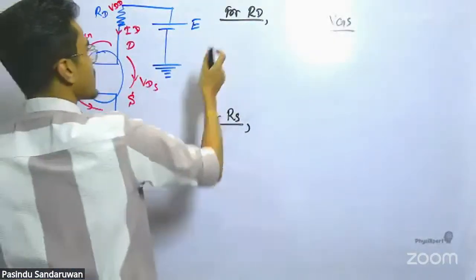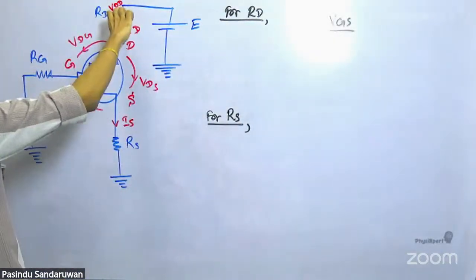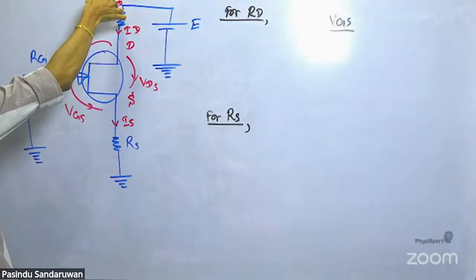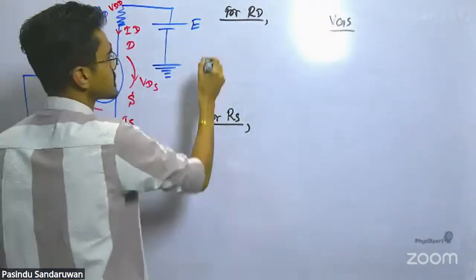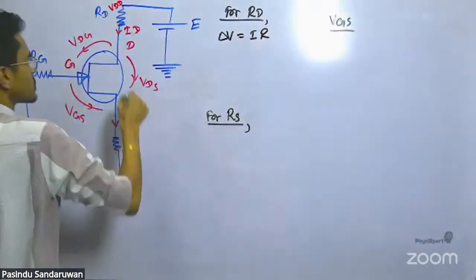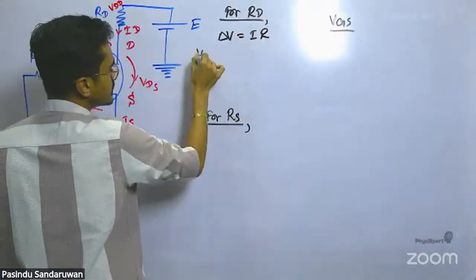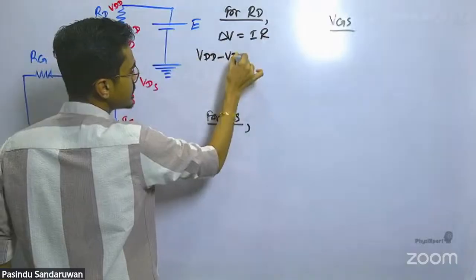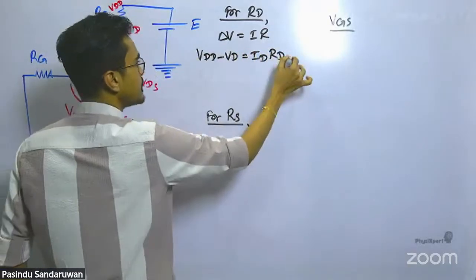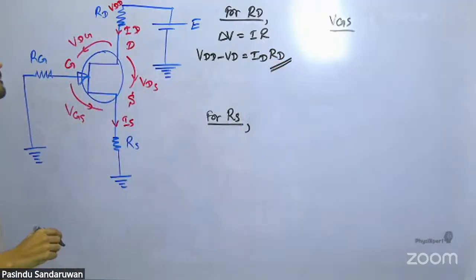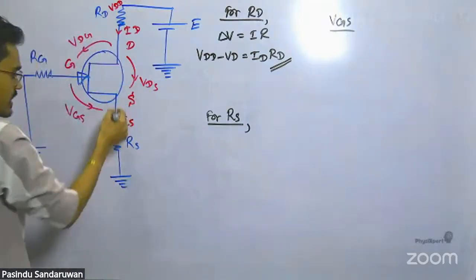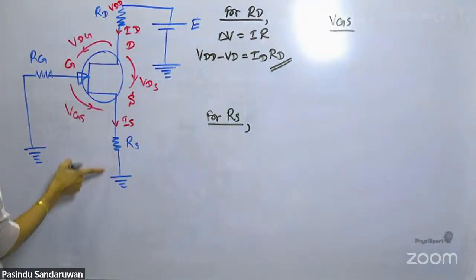Check your working. For RD, current flows from this terminal through to here. We are using delta V equals IR. Then the potential difference across RD is VDD minus VD, so VDD minus VD equals ID RD. Keep it there. Then for RS, current flows from S to 0.